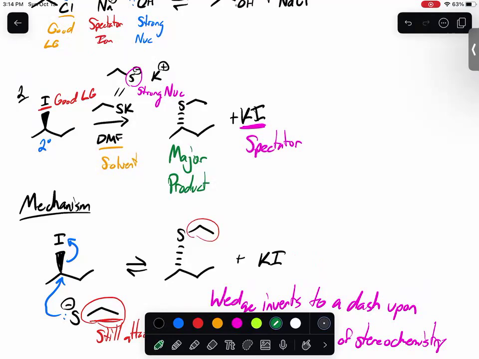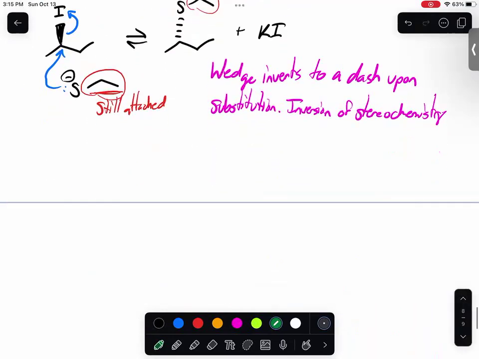So overall, this is the idea of SN2. We're taking a good leaving group, a strong nucleophile, we are adding it in, and as long as we're looking at something that has stereochemistry, it'll do inversion. All right? The other thing is we have to keep in mind that it has to be on a primary, secondary, or methyl-like carbon, because if we look at example 3, let's say that we were looking at something like this here, right?